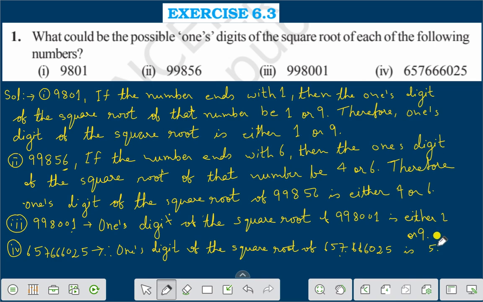Again, if the number ends with 5, then the ones digit of the square root of that number will be 5. Here you see the ones digit is 5, therefore the ones digit of the square root of 657666025 is 5.